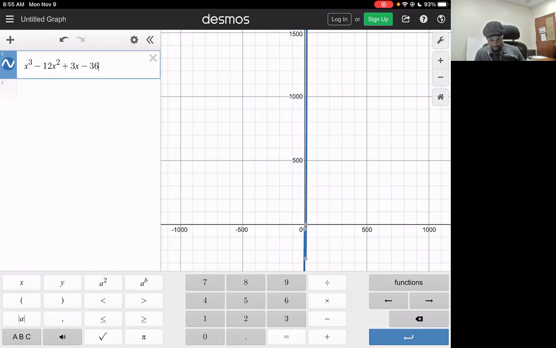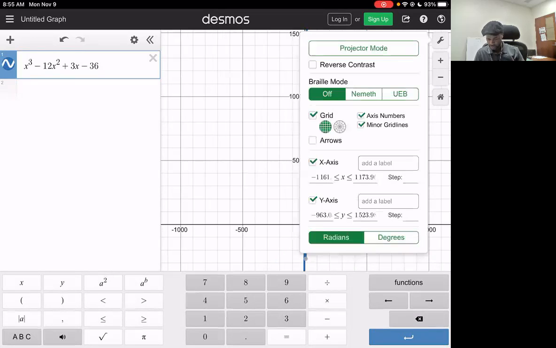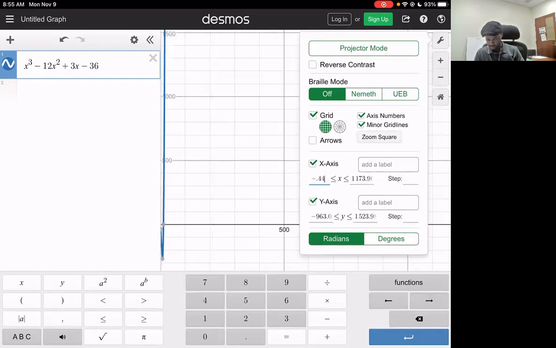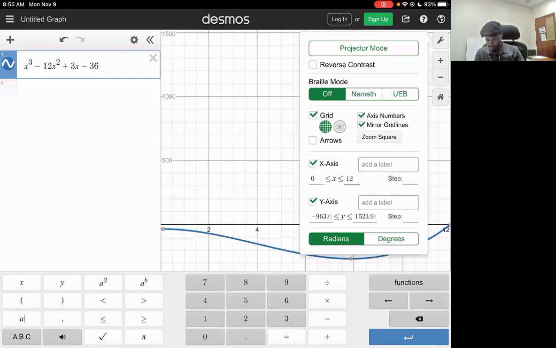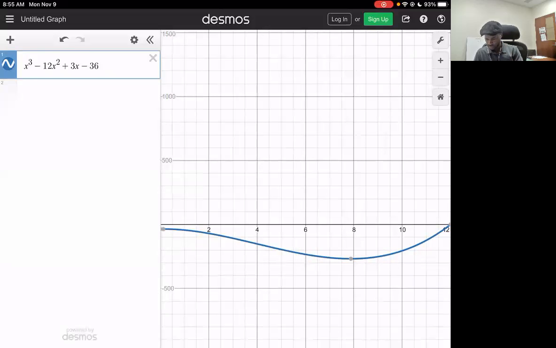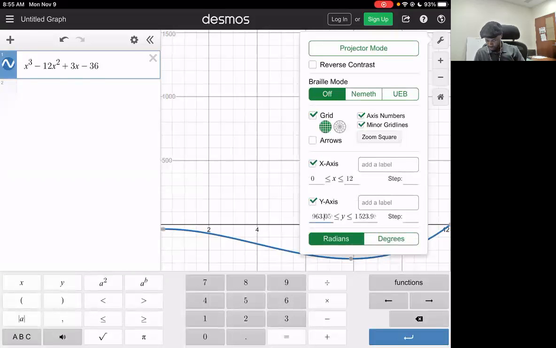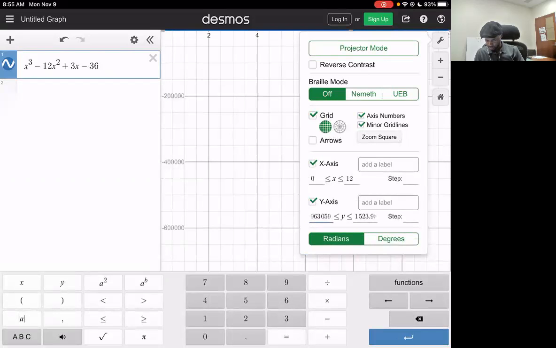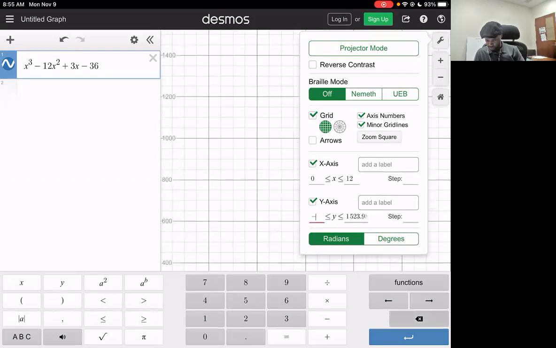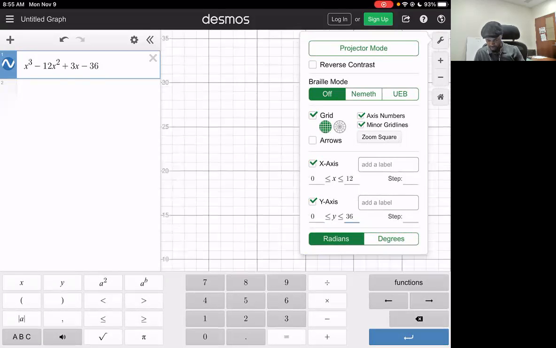I noticed from the very beginning that my graph's really tight, which means I need to change that window. I'm going to clear all this out, and go from 0. I'm not going to go out to 1100, let's go out to maybe 12. There we go. My y is still a little too high, so let's go from 0 to no higher than 36, maybe.